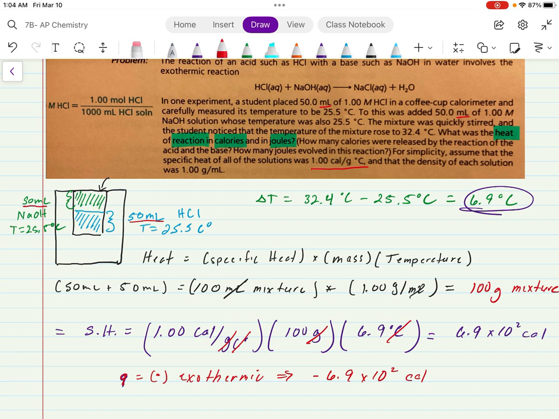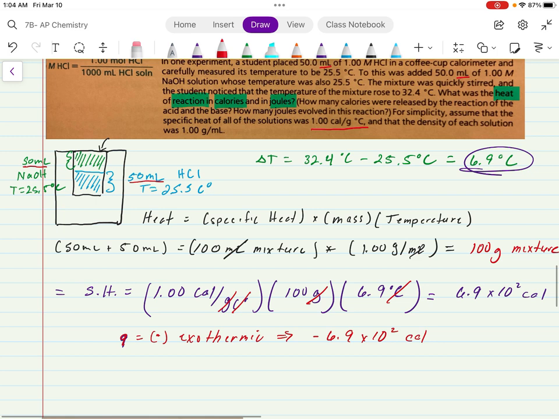Now, the question also asked us to find it in joules. So if we do it in joules, remember, like I said before, that 1 calorie is equal to 4.184 joules.